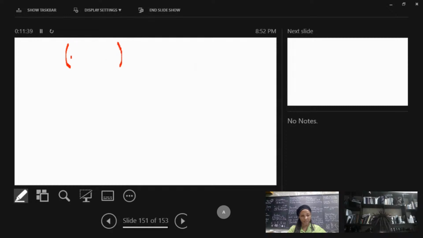Asar, this is yours. 6y minus 2x. It's 36y squared. Minus 12y minus 4x.